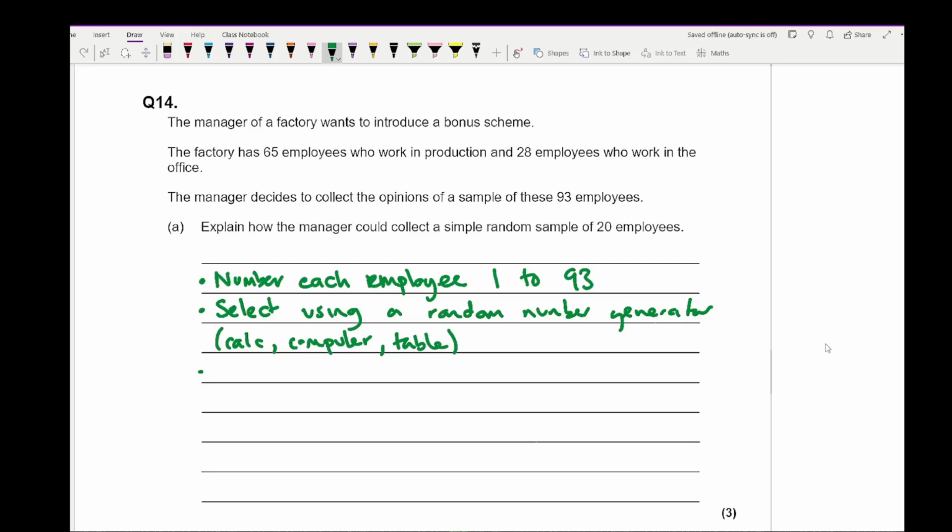And then you want to select a number, ignoring any repeats.